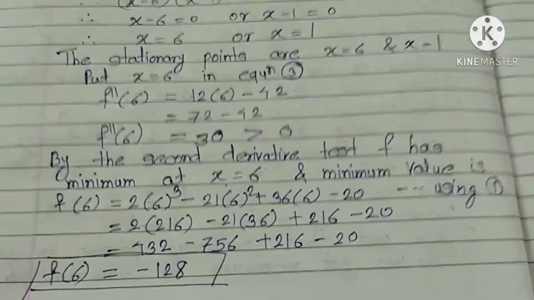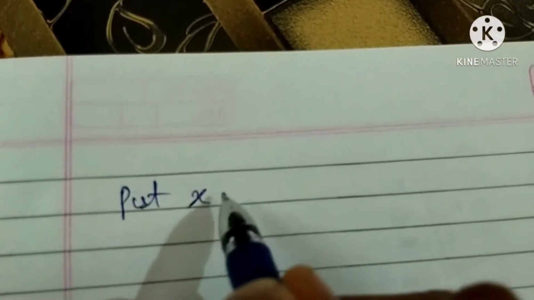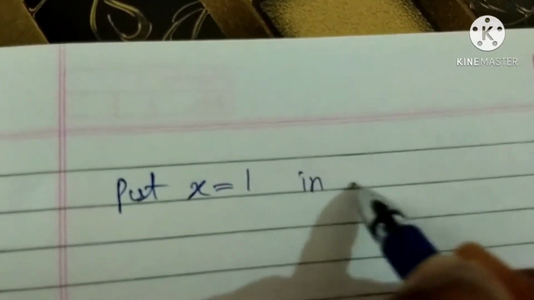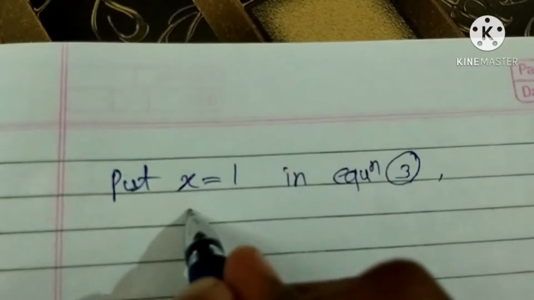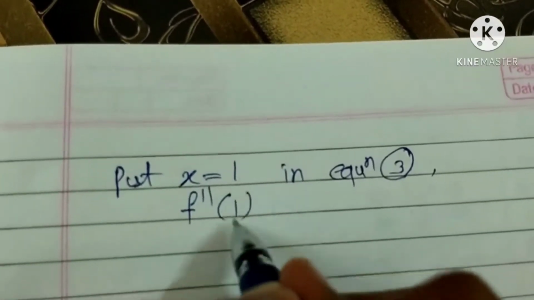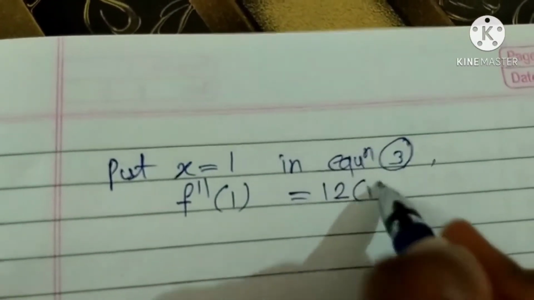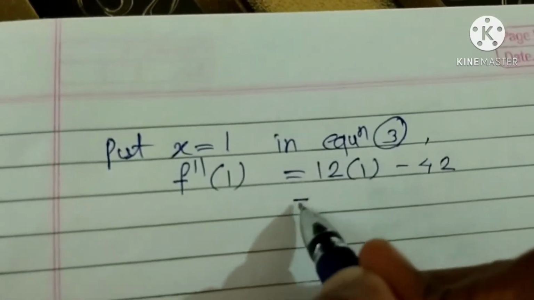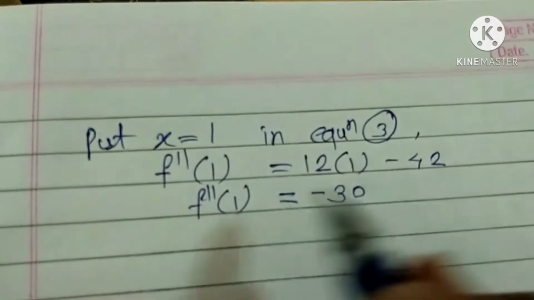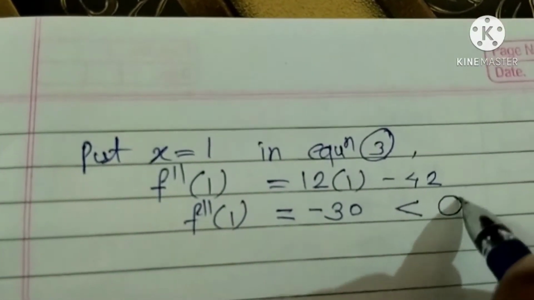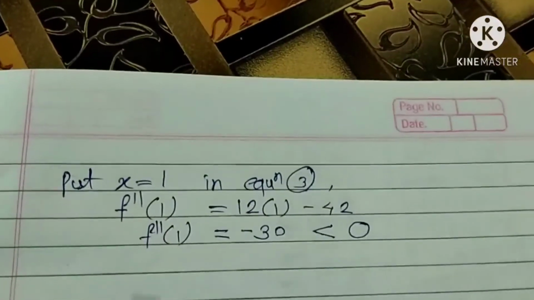Now to find the maximum value, put x equal to 1 in equation 3. So we get f double dash of 1, which is equal to 12 into 1 minus 42, so it is minus 30, which is less than 0.